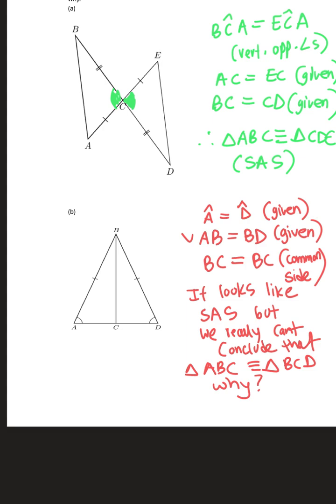Because they don't include a known angle, they can lead to misconception. The misconception that can arise is that the angle that is here and the angle that is here are not necessarily 90-degree angles.